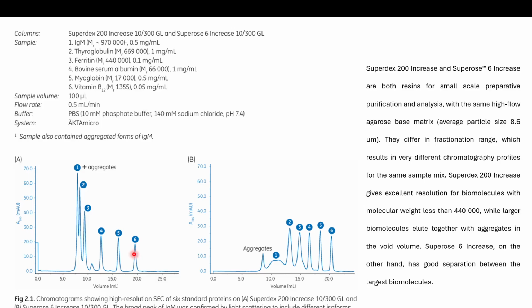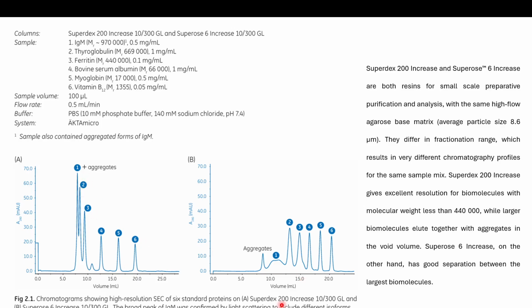Now, how will you know? You don't know what the SEC elution profile of your protein of interest or biomolecule of interest will look like. So this is usually always given with the protocol or manual of the particular SEC column. Each column has different resolution efficiency and separation efficiency.